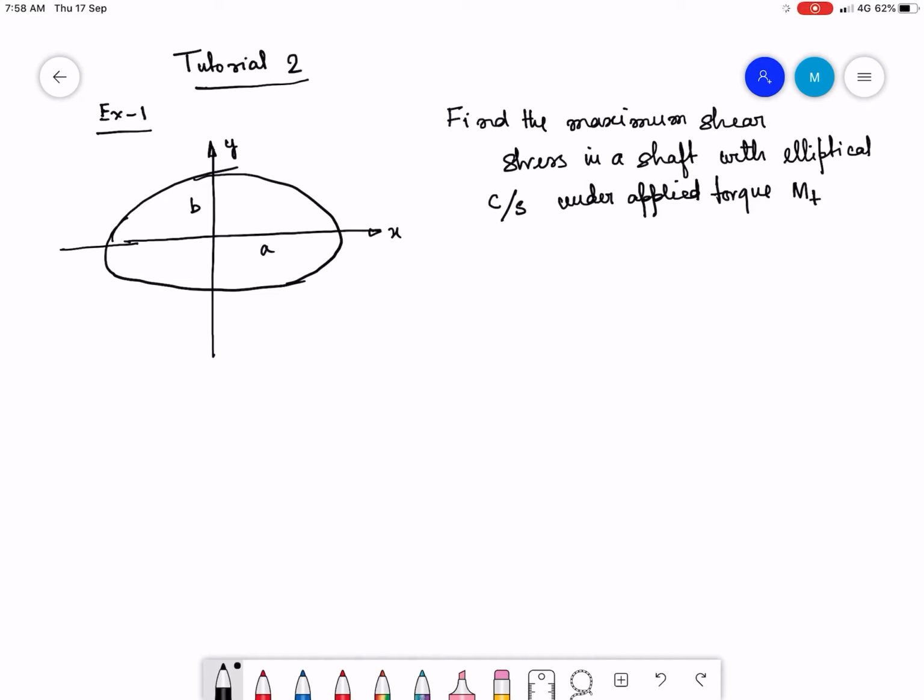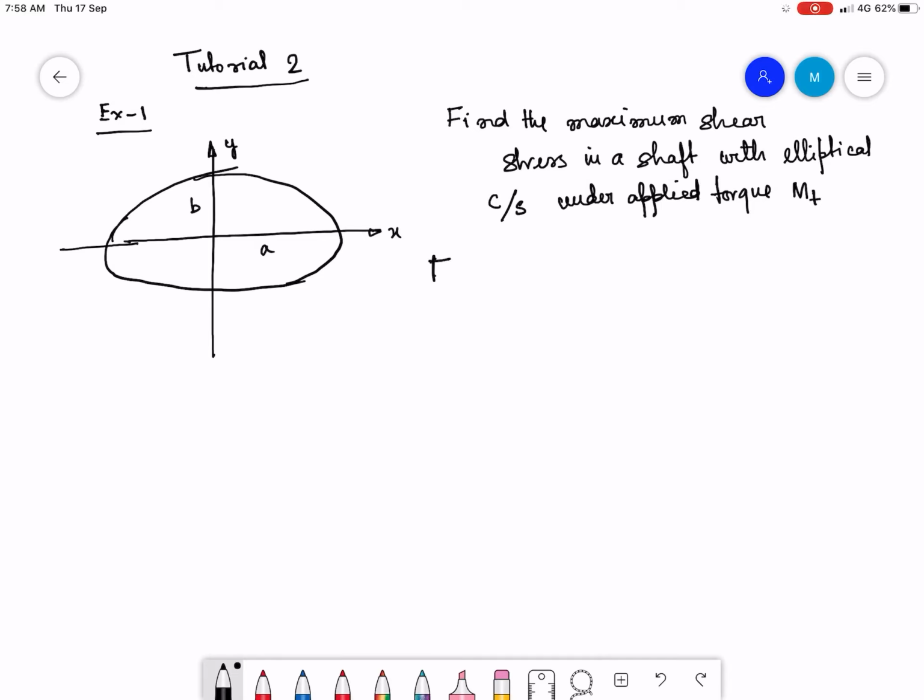Now we know from our previous analysis that for an elliptical cross section the torque is related to the angular rate of twist in this given form.